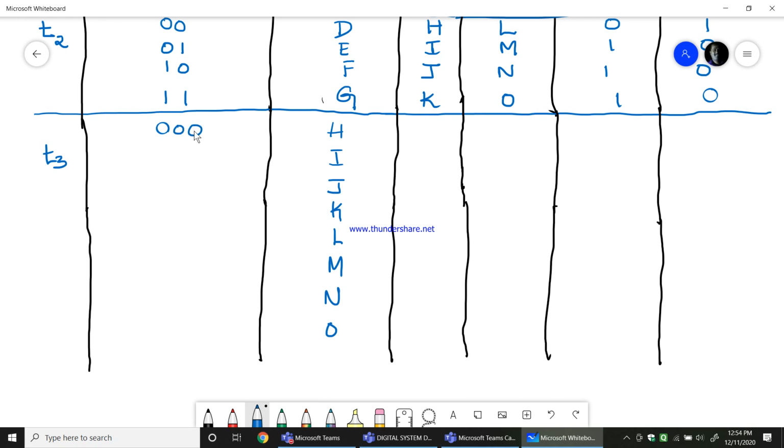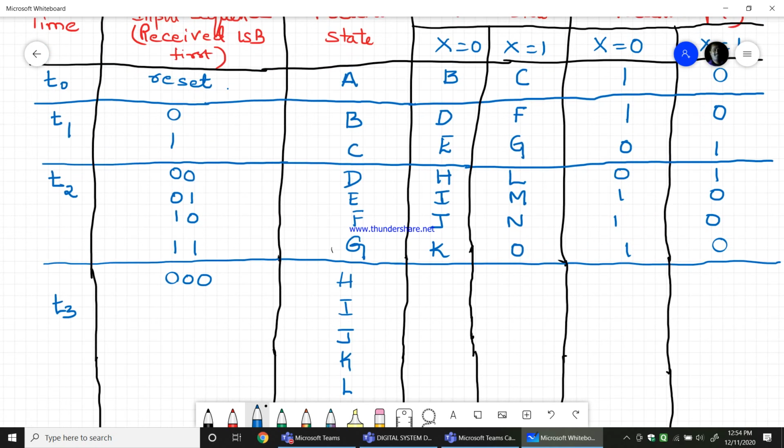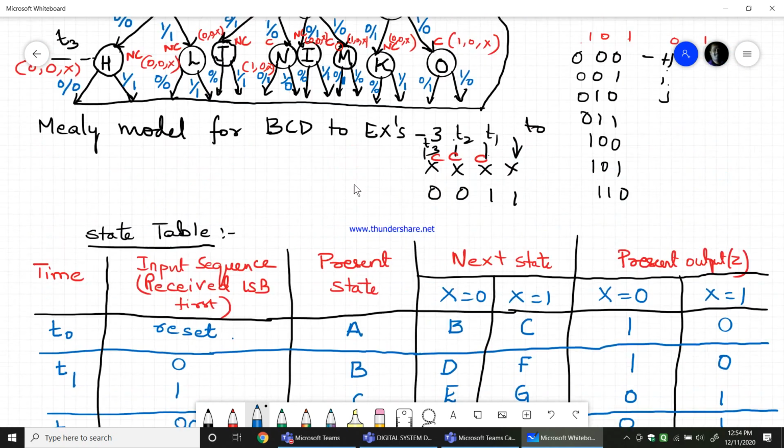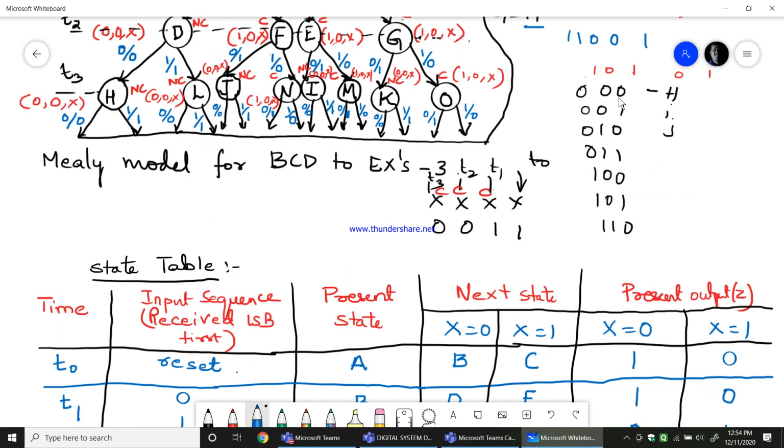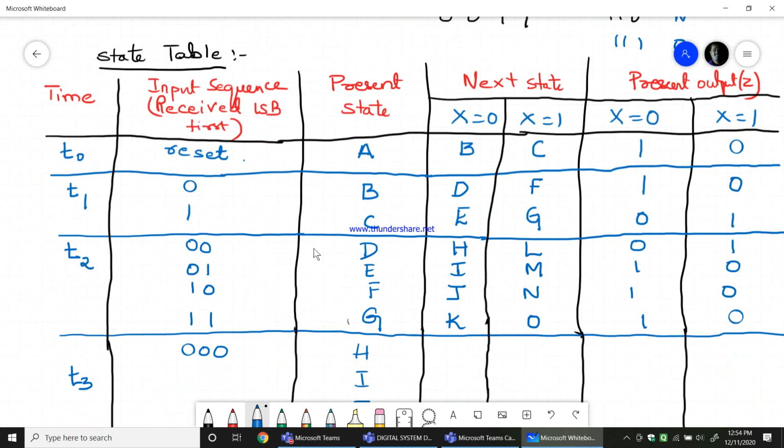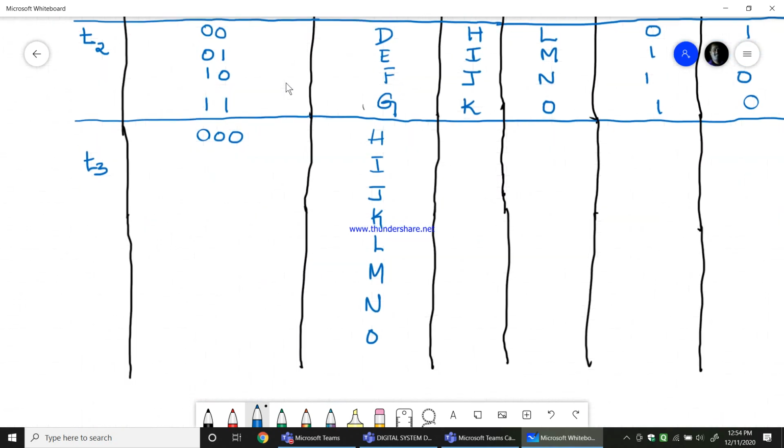If you go back and see the diagram which I have shown you earlier, we have taken 3-bit sequences for H I J K L M N, and 111 is O. So therefore that is what I am writing here. 0 0 0 1 0 1 0 0 1 1 1 0 0 1 0 1 1 1 0 1 1 1.